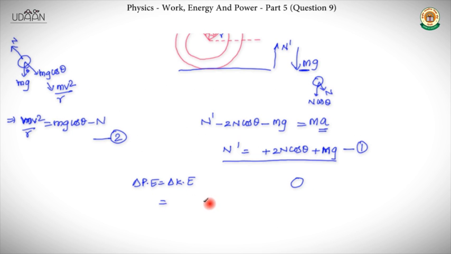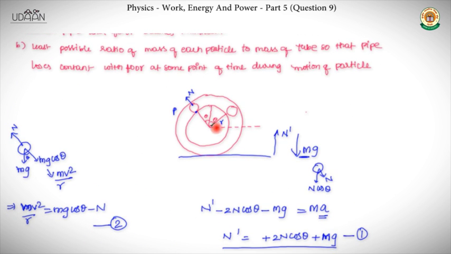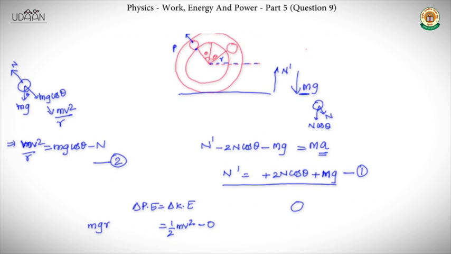So the initial kinetic energy is equal to 0, and we assume the final velocity as v. The kinetic energy will be equal to half mv square minus 0, and for the potential energy, let us just assume this as the zero potential energy level. Initially the ball is at height r, and then it has traversed an angle of theta, so this will be r cos theta.